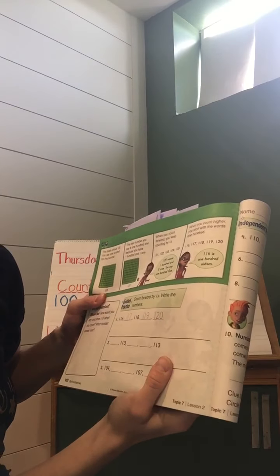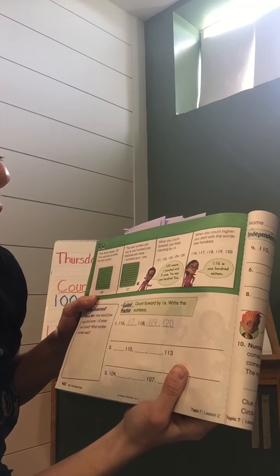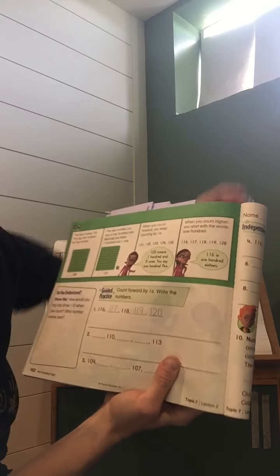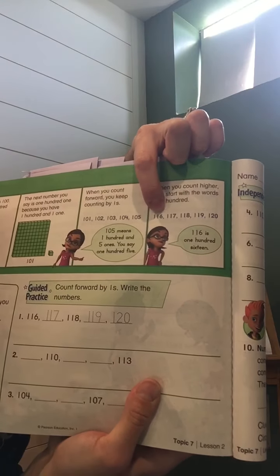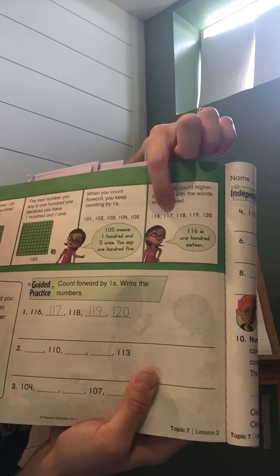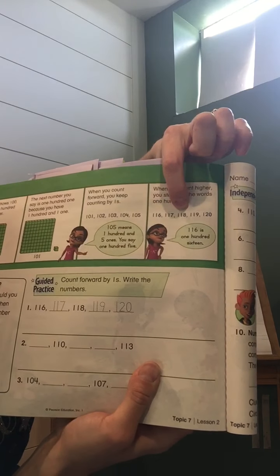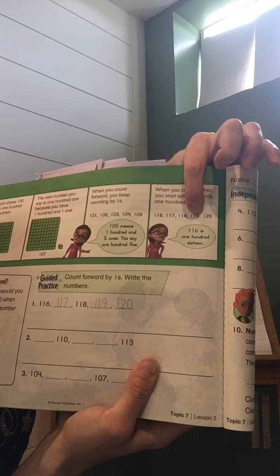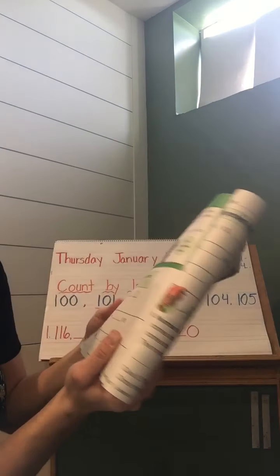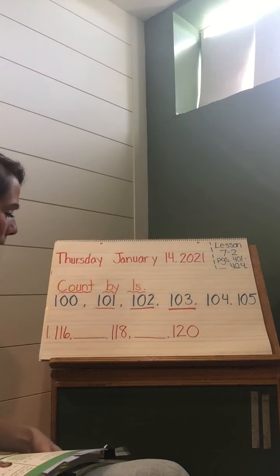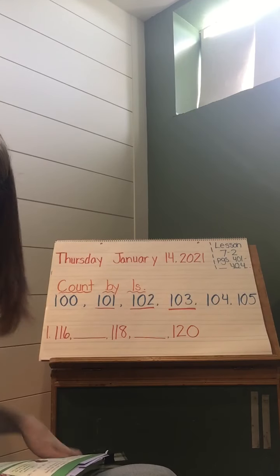Now, when you count higher, you start with the words 100. So, do you see these big numbers? It says 116, 117, 118, 119, 120.